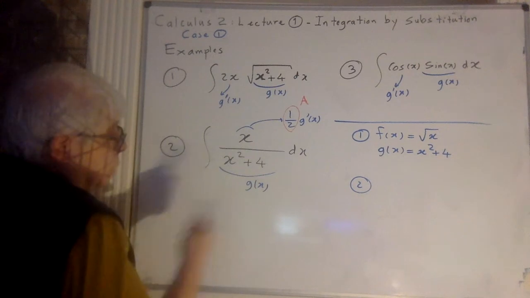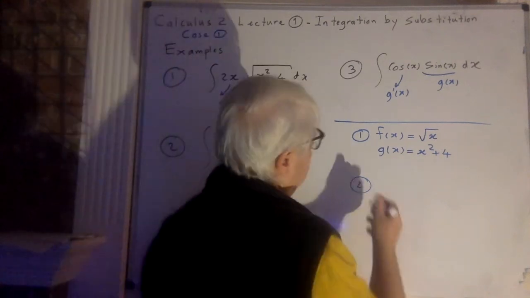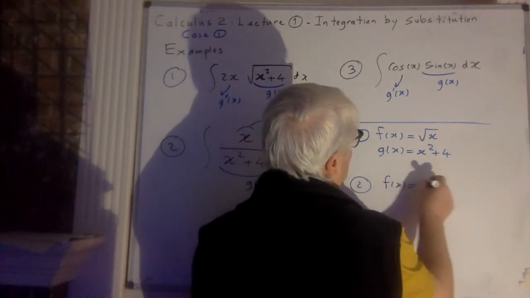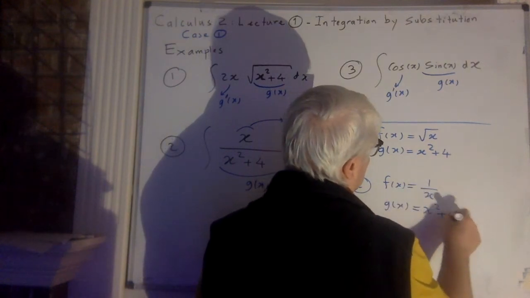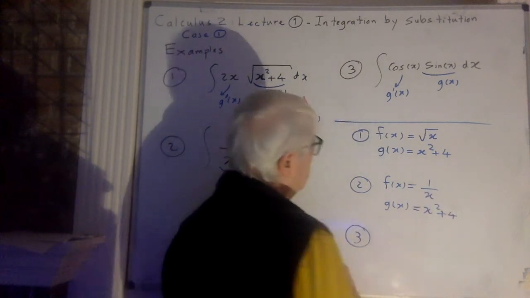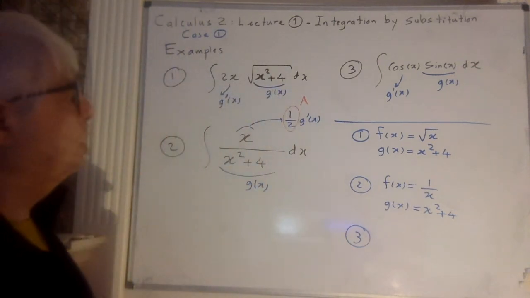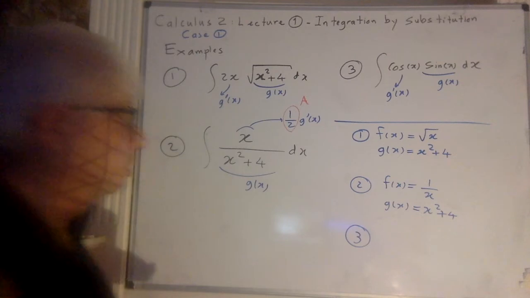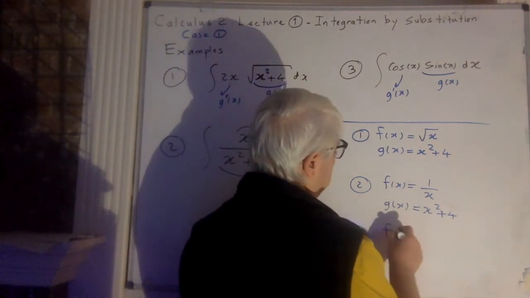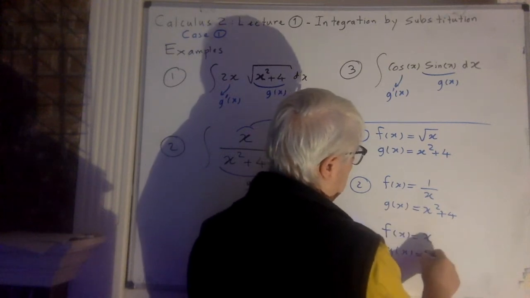Well, usually you can find g(x) easily, and f(x) is 1 over x, and g(x) is again x squared plus 4. Number 3, you know what g(x) is again. Finding g(x) is not that hard. What is f(x)? Well, f of g(x) is sine x itself, so f(x) is in fact the simplest function, x itself, and g(x) is sine x.